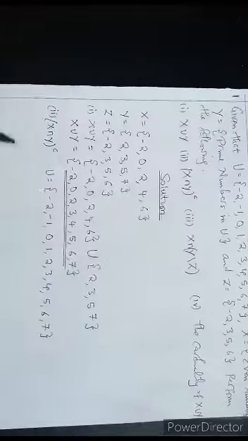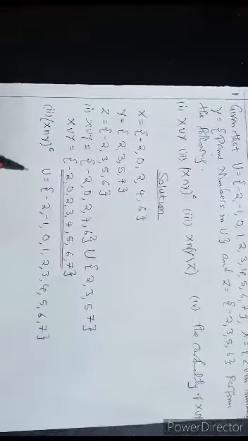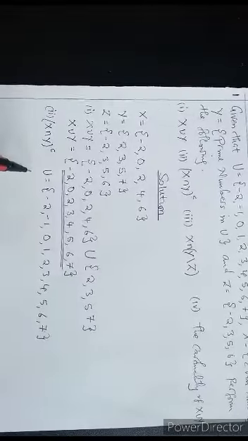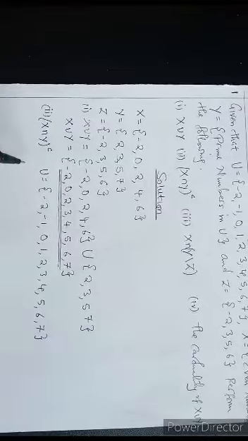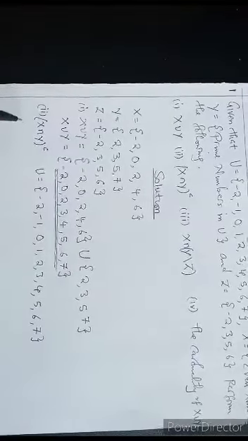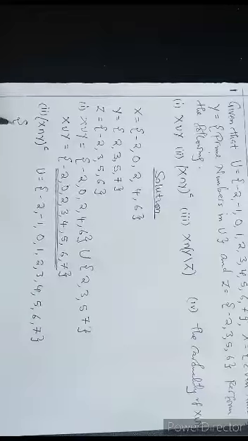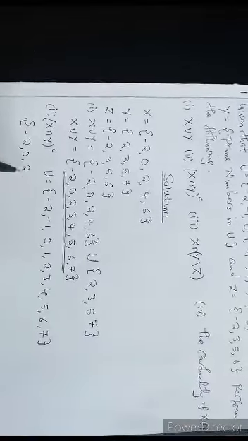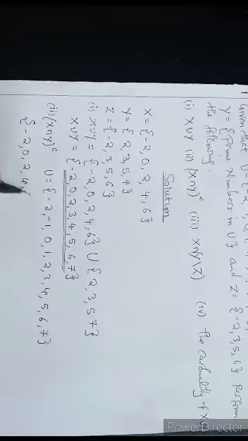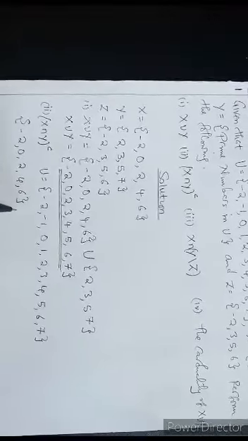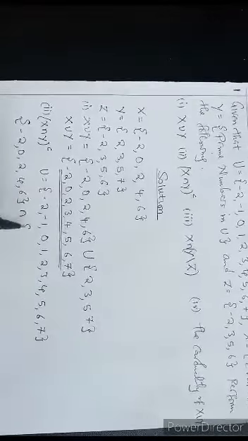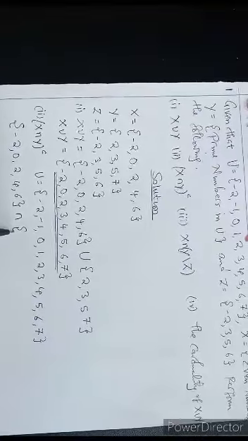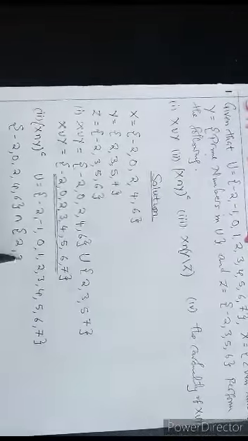Okay, so we can list X intersection Y. If we list X, which is -2, 0, 2, 4, 6, and then intersection Y, which is 2, 3, 5, and 7.